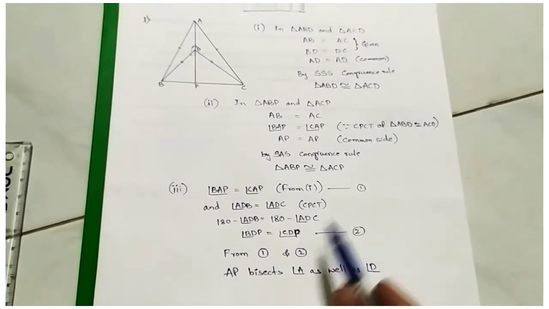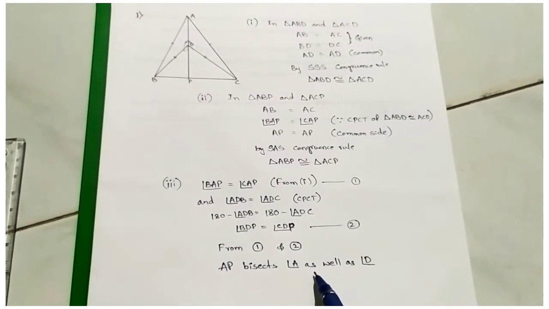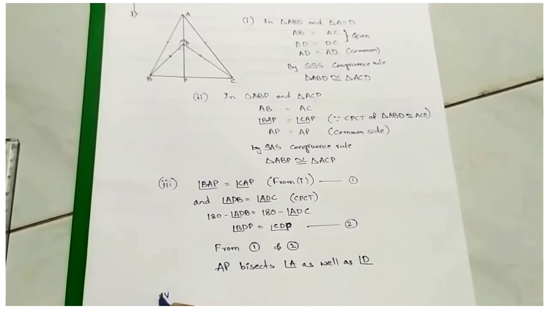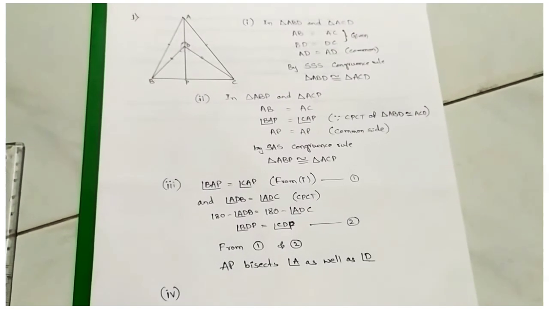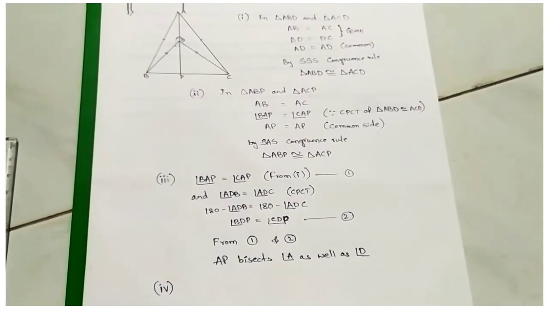Now the fourth case: we have to show that AP is the perpendicular bisector of BC.